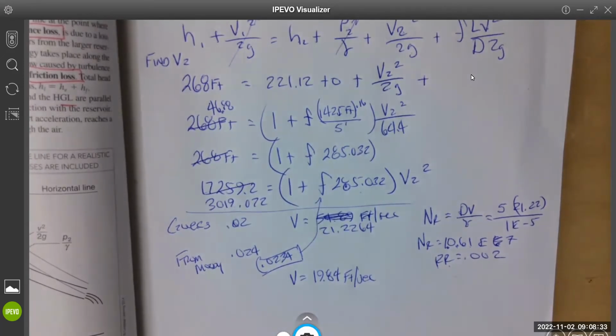So that's how this thing is zooming in. The friction factor is 0.0234.